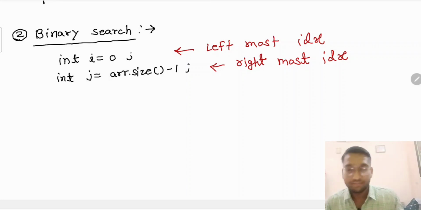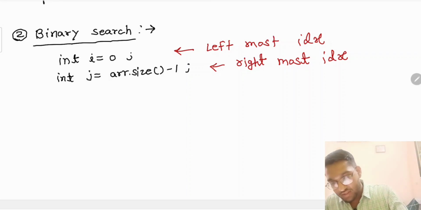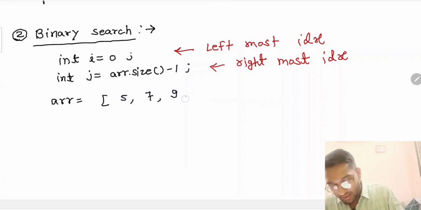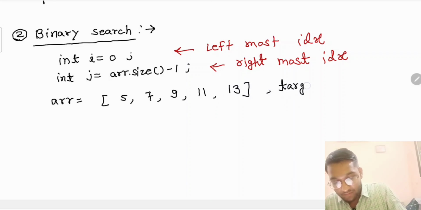Now the array which was given to me was 5, 7, 9, 11 and 13, and the target element is 9.